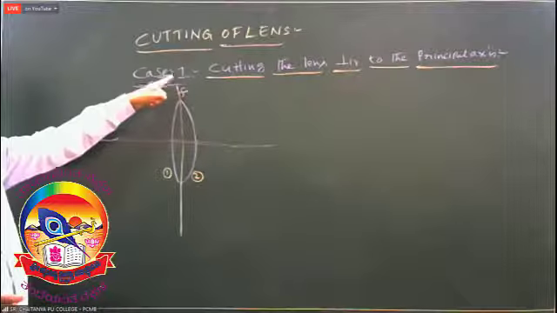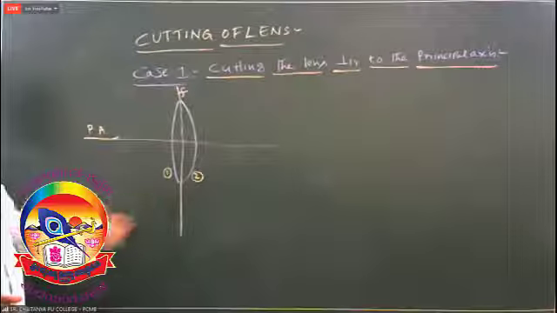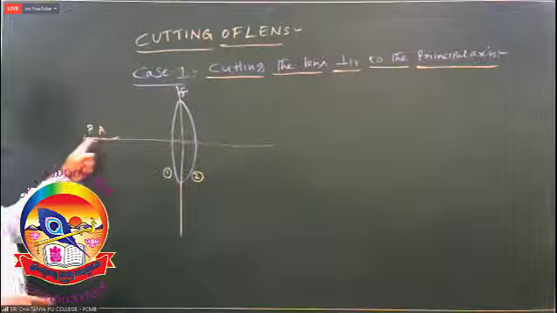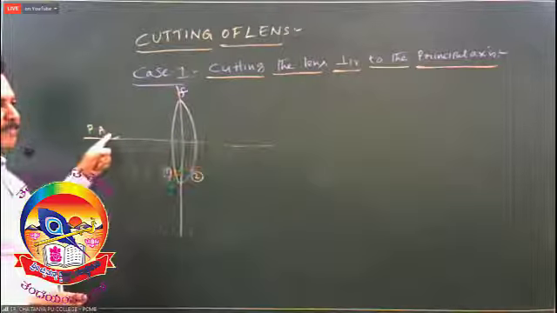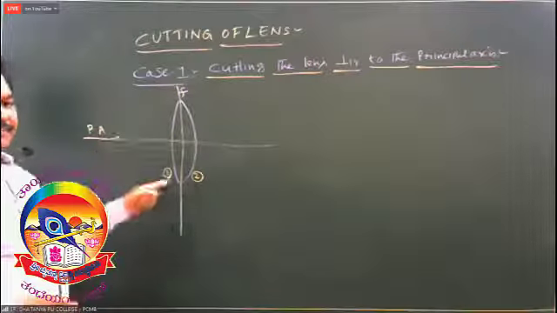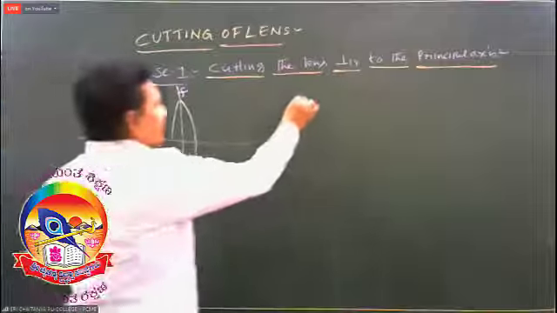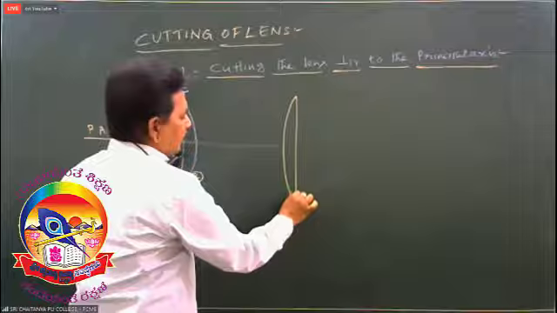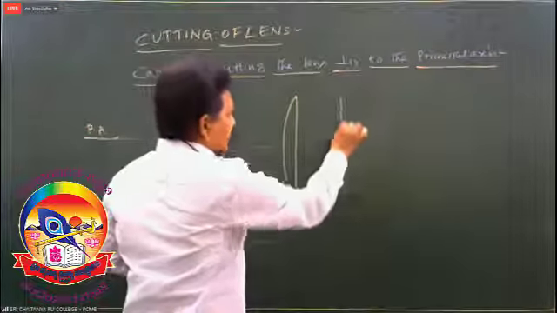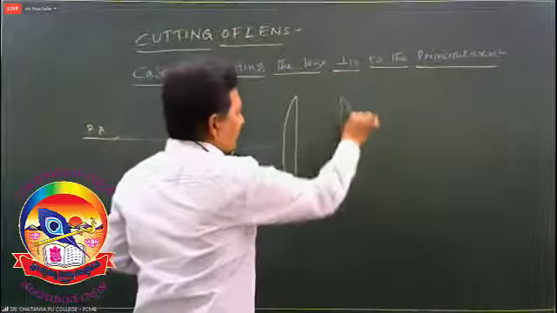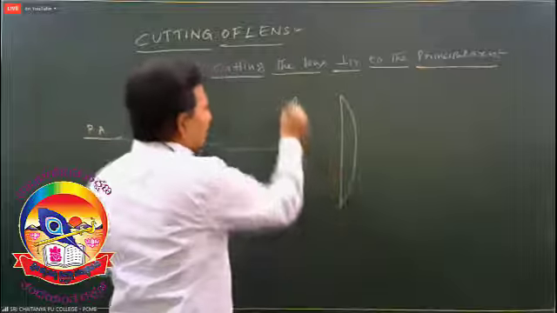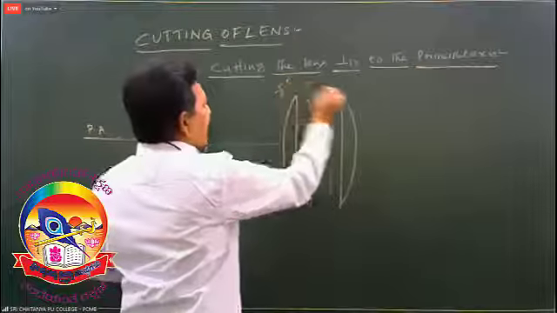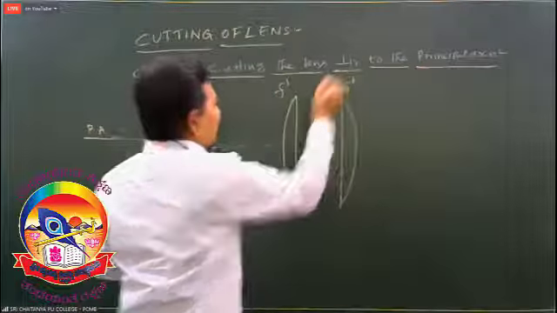Now it was cut into two pieces perpendicular to the principal axis. This is the first piece, this is the second piece. The focal length of each is f dash.